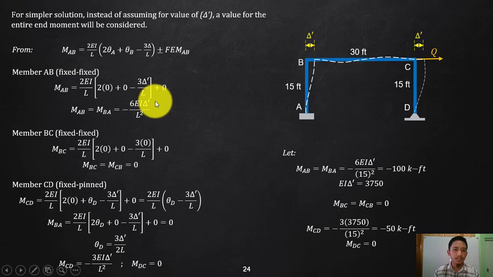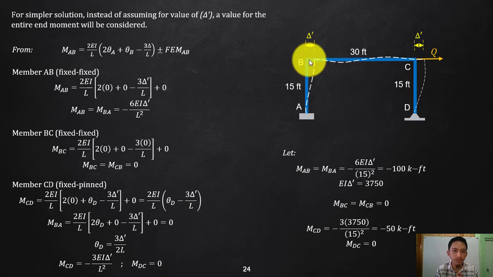If you consider member AB, this is considered to be fixed. This is still fixed since that is of course continuous. So your theta A and theta B are 0. You will only have there a delta prime, the one that we assumed. You need to consider this also. This is important.